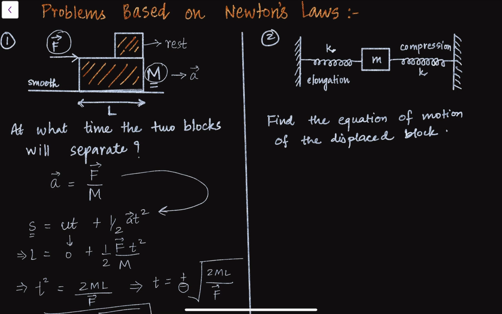Now if we see the figure carefully, on one side there is elongation and on the other side there is compression. Because of elongation, the force will be kx in this direction, and due to compression, the force will be kx in the same direction.